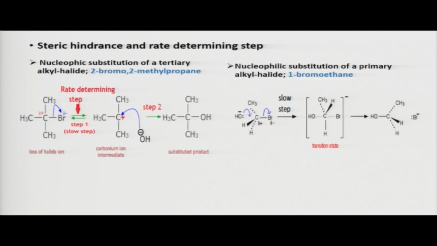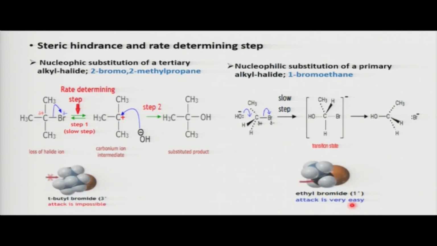What happens for the reaction to occur? The carbon-Br bond must break first. So this becomes a rate determining step because without this bromine breaking, the reaction will not go on. On the other hand, because, as we saw, attack is possible due to easy access to this carbon, the OH will attack as the bromine bond breaks.